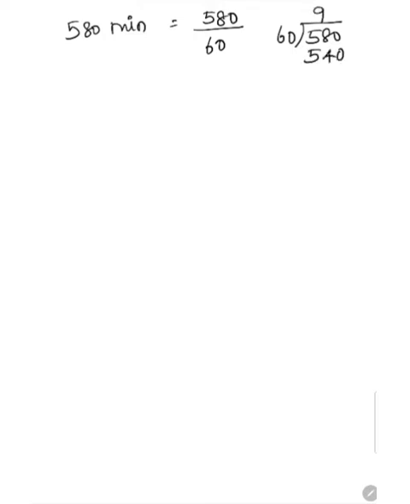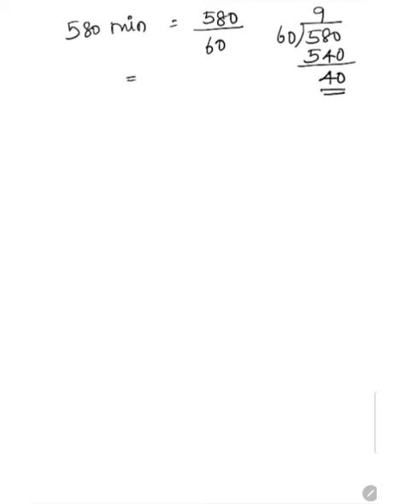So 580 minutes is equal to 580 divided by 60. 9 times 6 is 540, here 40 is the balance.